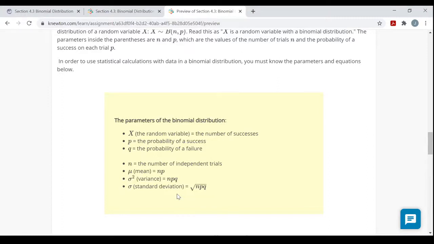For a binomial discrete random variable, for a binomial distribution, the standard deviation is very simple. It simplifies to the square root of n times p times q. The square root of the number of trials times the probability of success on one trial times the probability of failure on one trial. And again, if you squared this, you'd get what's called the variance, sigma squared, just npq.